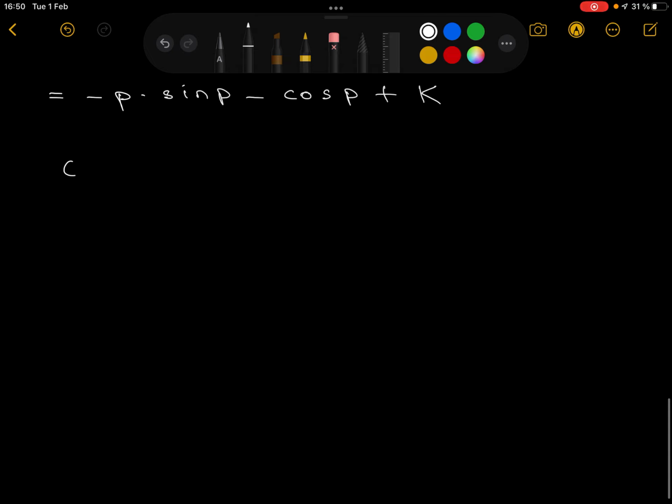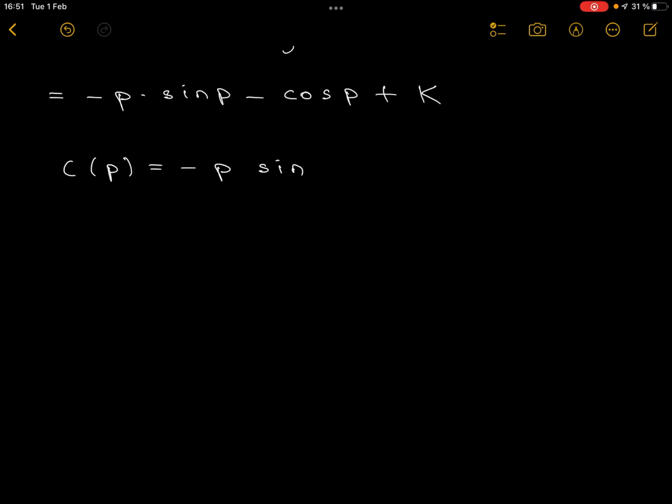So c, which is the same as c of p, is equal to minus p times sine of p minus cosine of p plus k.